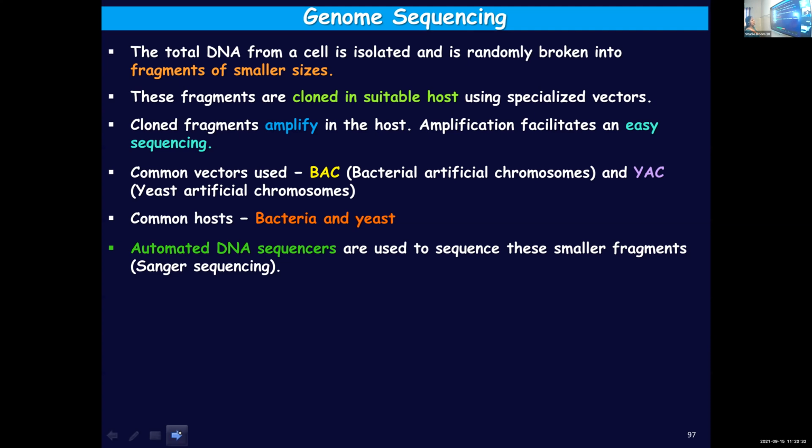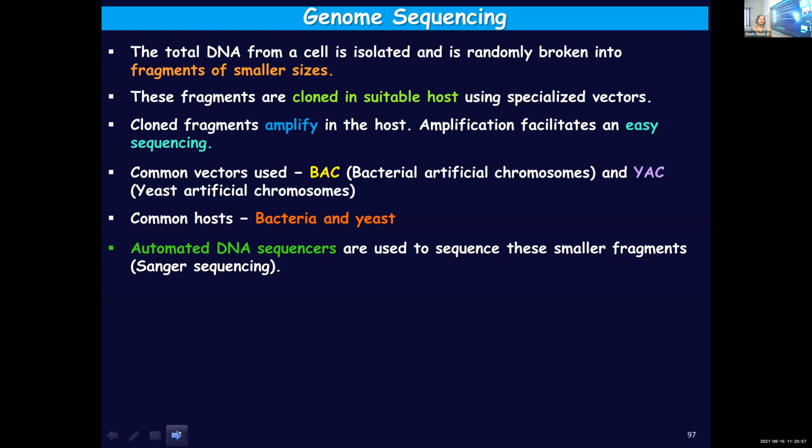Now amplification has taken place. Several copies of each DNA fragment have been made. Now what is next? Automated DNA sequencers are used to sequence these small fragments. Why are we breaking it into smaller fragments?